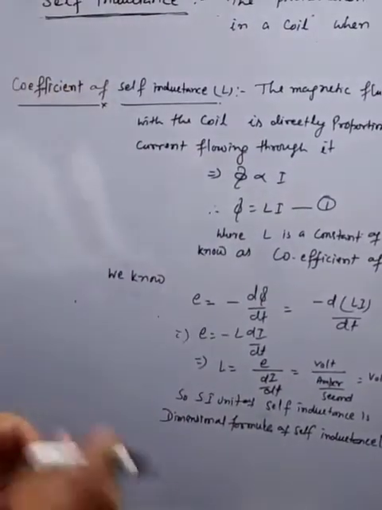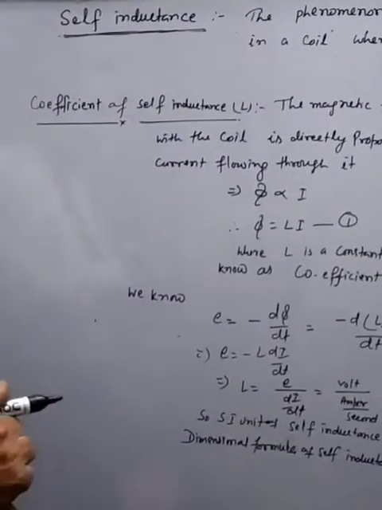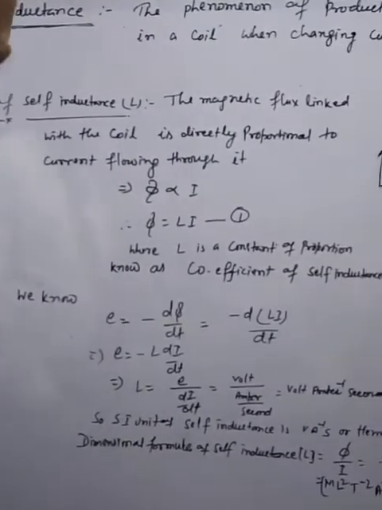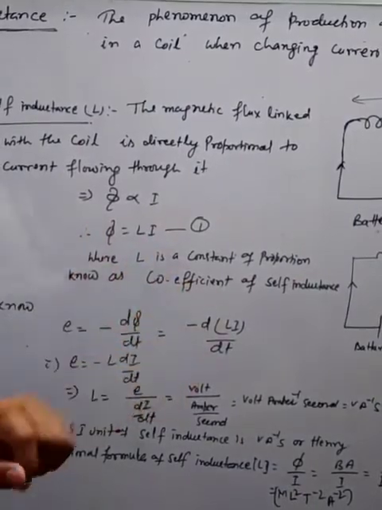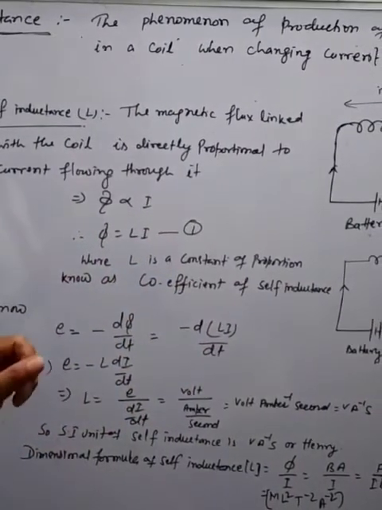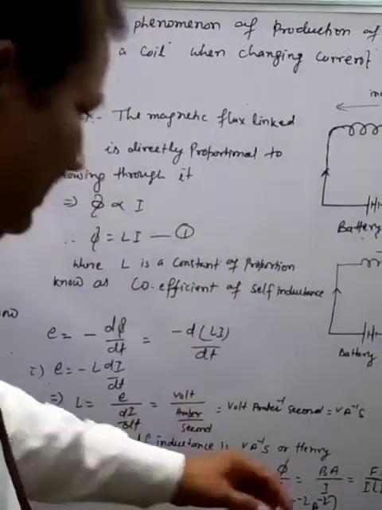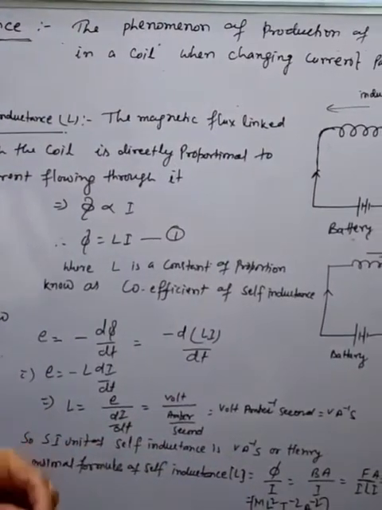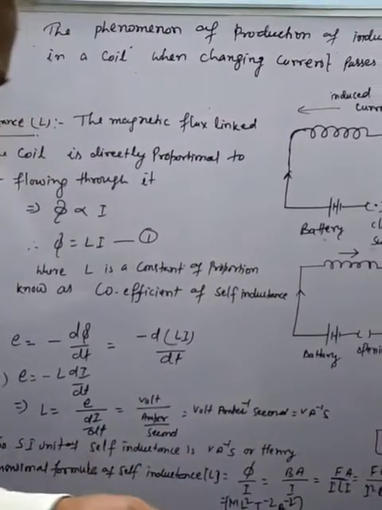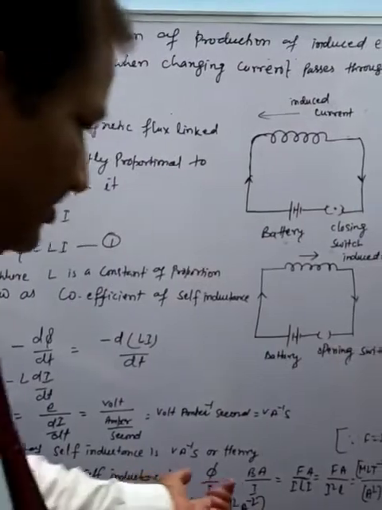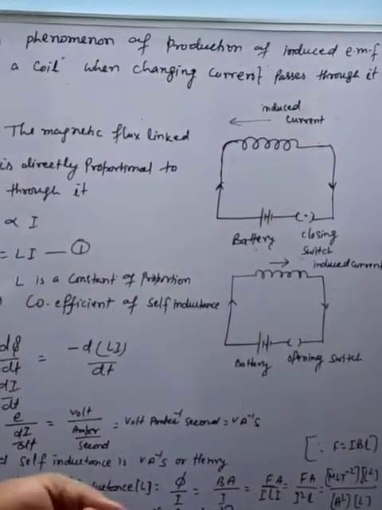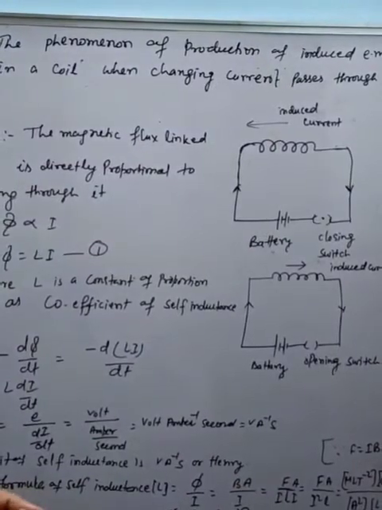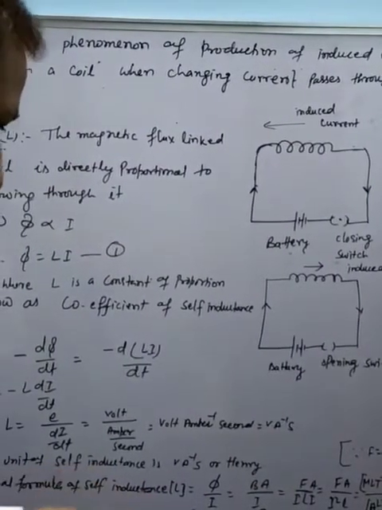Now I am going to discuss the dimensional formula of self-inductance. We know very well from equation first, phi is equal to LI, so L is equal to phi upon I. Phi is the flux and I is the current. Phi is equal to B into A, where B is the magnetic field and A is the area.